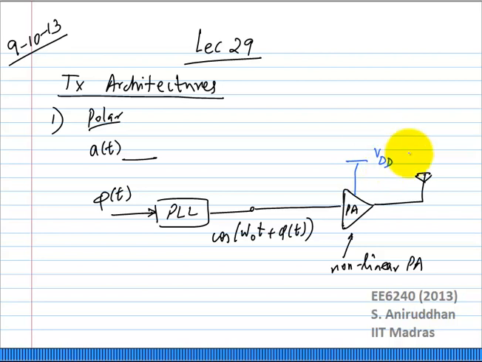Now, if I make this some function of A of t, then earlier when VDD was constant, the envelope of the output was just VDD. Now I am applying an envelope onto the phase modulated signal.